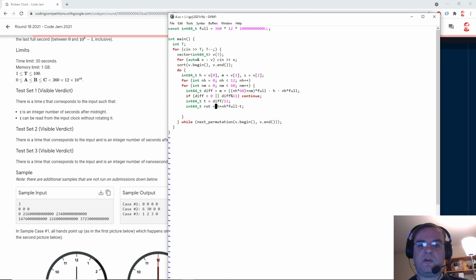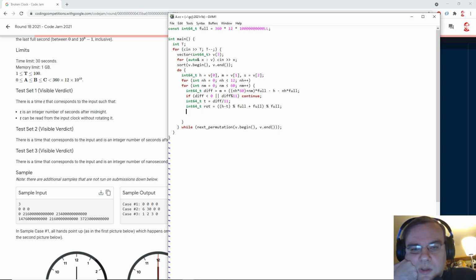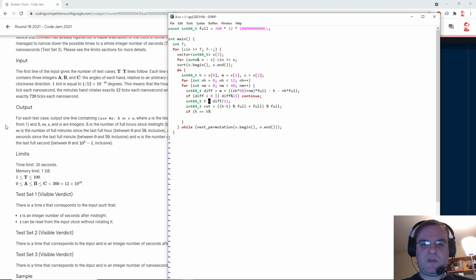And of course, I should really just do mod arithmetic on it to make it positive, and so this is number of nanoseconds.